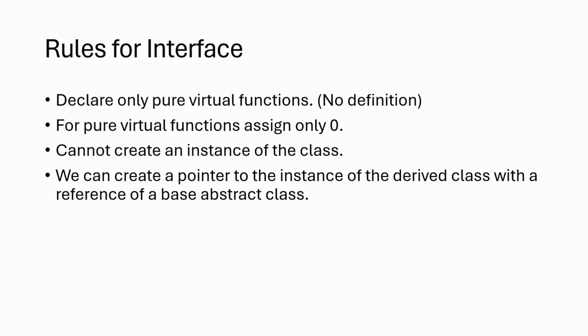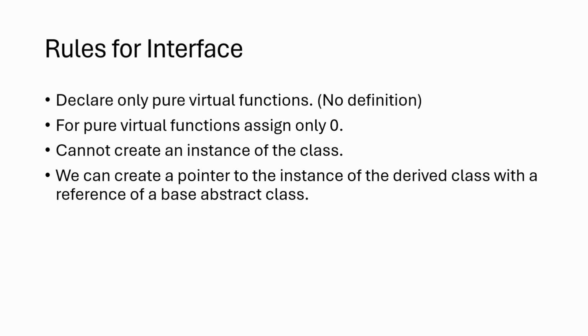So the rules for the interface, or the concept of interface: declare only pure virtual functions. Okay, so what this slide should say is it's the rules for the abstract class. It's got only pure virtual functions in there, no implementation whatsoever.